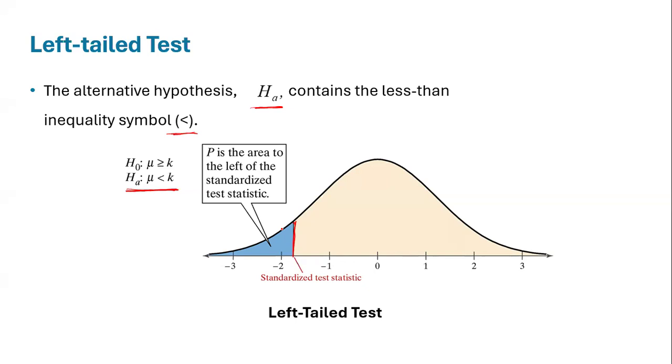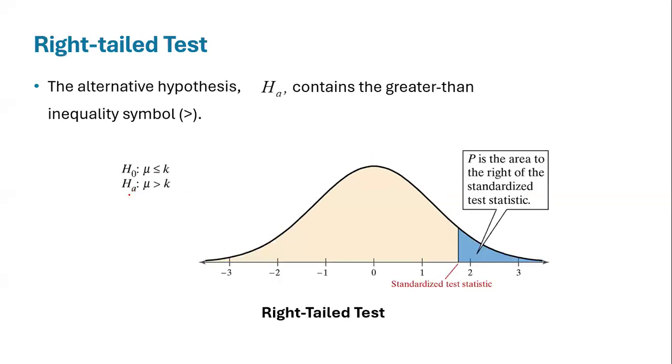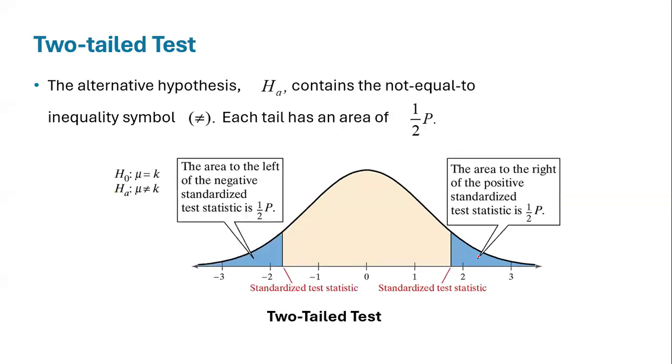When the alternative hypothesis has a greater than symbol, that means we have a right tail test. And a right tail test means after finding the test statistic, the area to the right of that value is the p-value. And if the alternative has a not equal sign, that means we have a two-tail test.